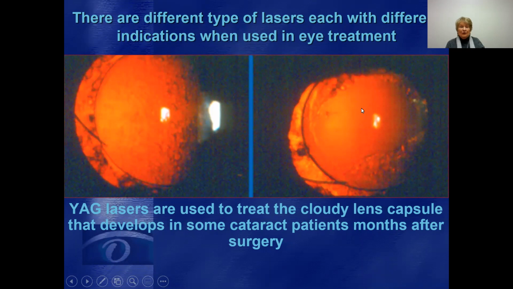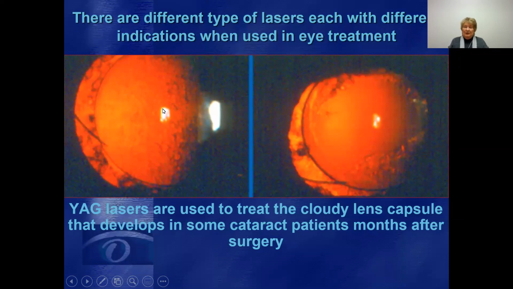Because imagine if there wasn't anything behind that lens implant, and say the patient fell or hit their head, that lens implant could fall back into the vitreous, which is the gel that gives the eye its shape. Since we don't want that to happen, we keep the capsule in place, and the lens implant sits right in front of the capsule, which was part of the living tissue of the natural lens.